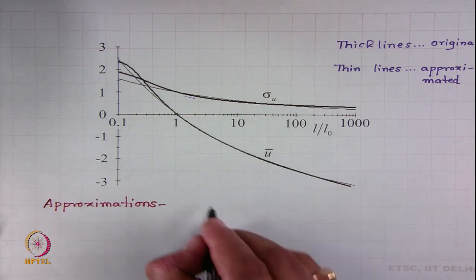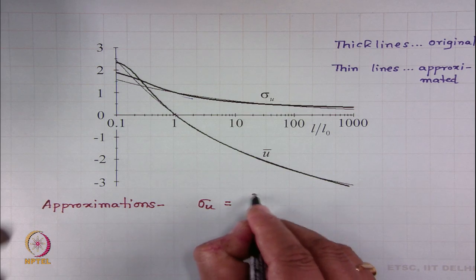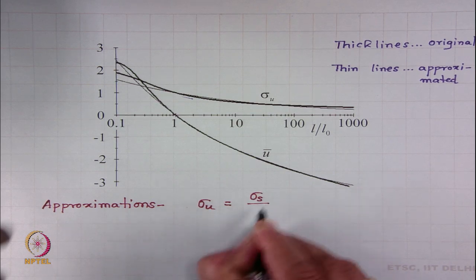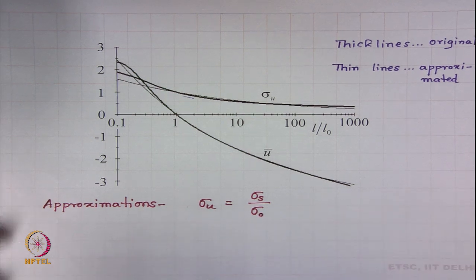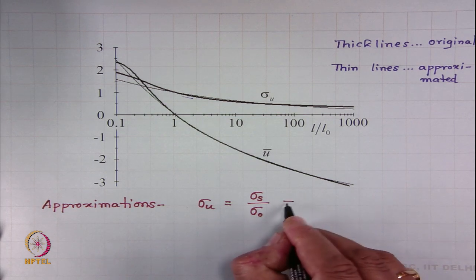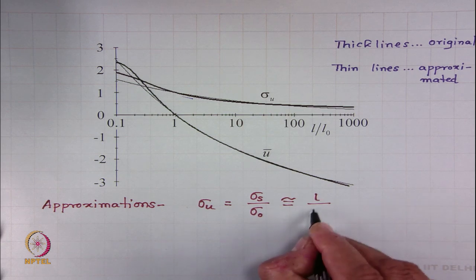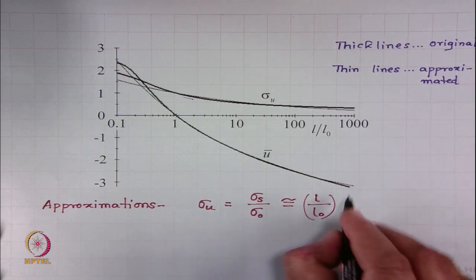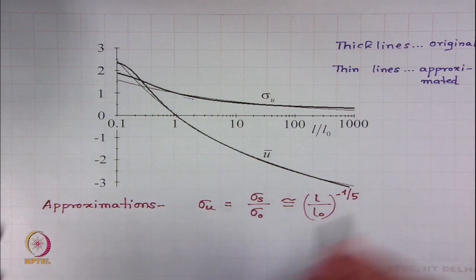Peirce approximated this u by this. So, this is approximated by L by L naught to the power minus 1 by 5.